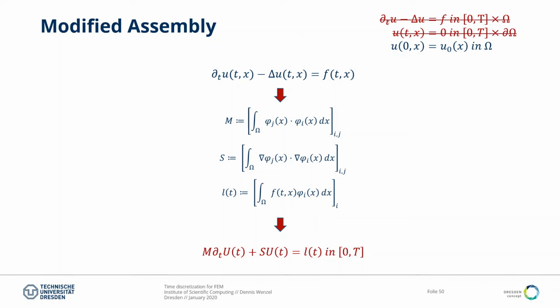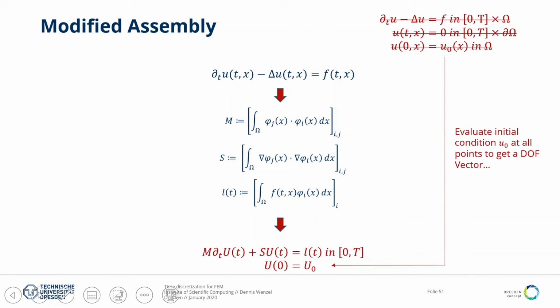Okay, but this is still time-dependent. We have resolved everything that deals with x, but we still need to do something more. The next step is we take those boundary conditions from up here and transform them into our setting.